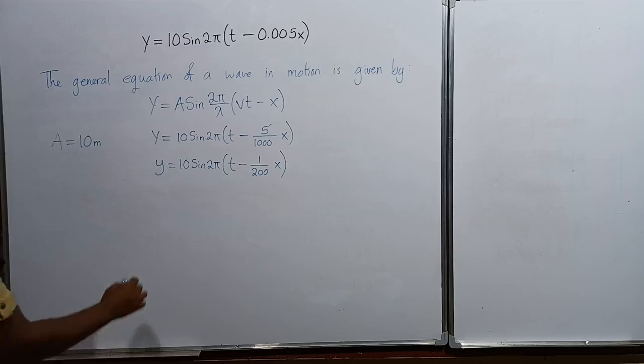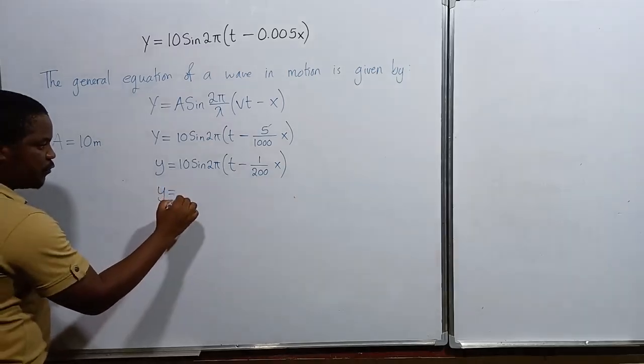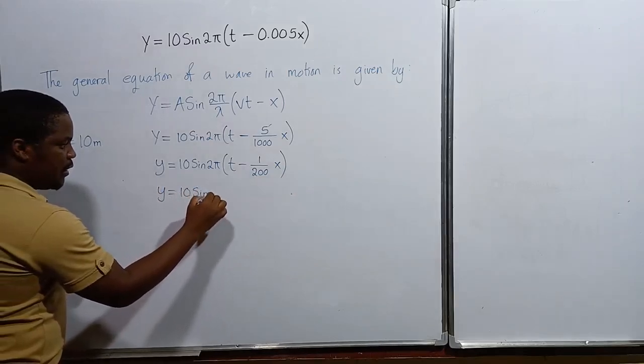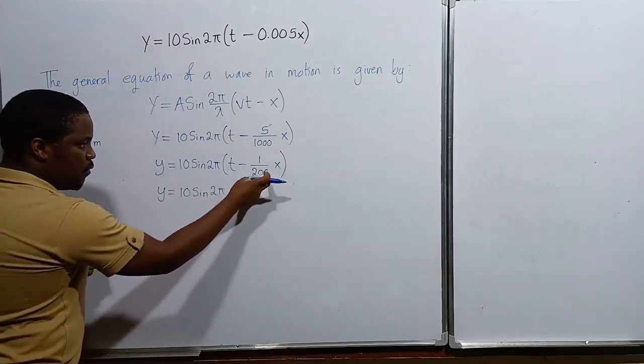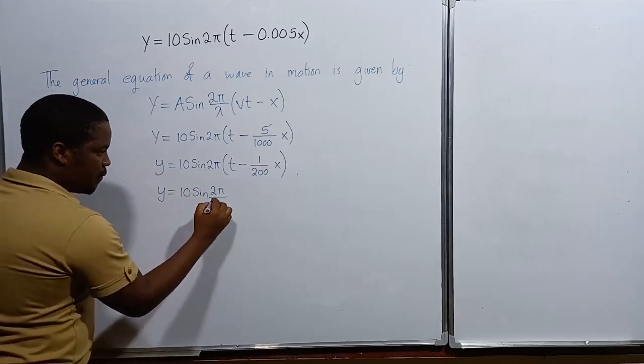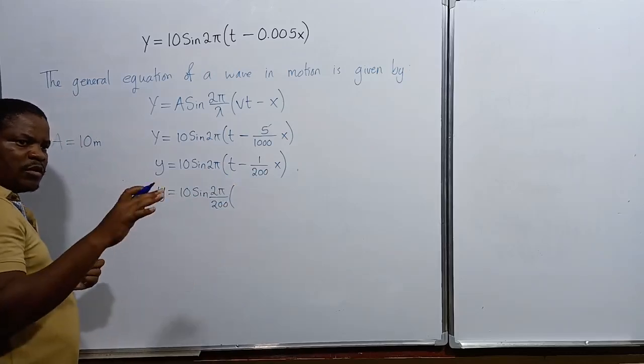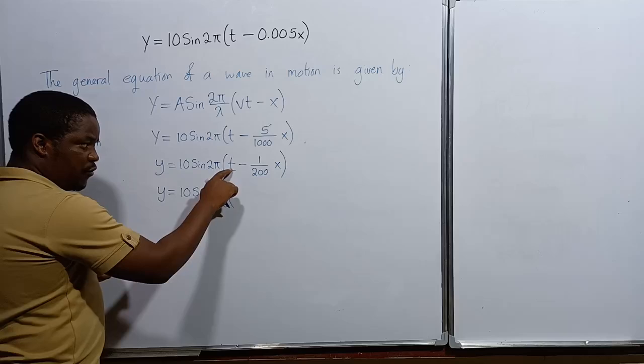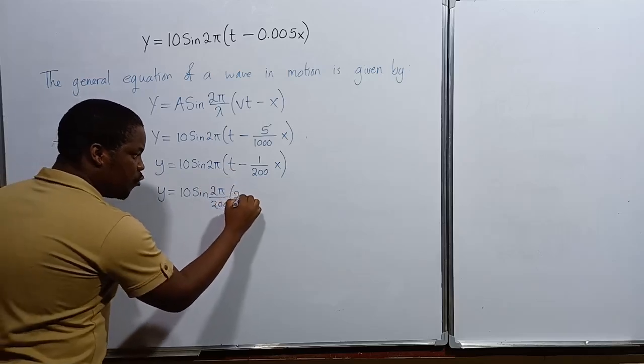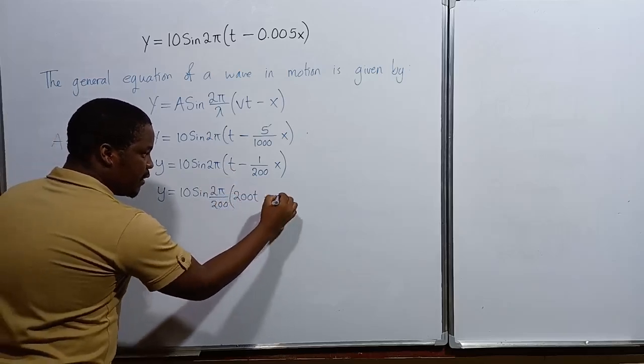We're going to say y equals 10 sine 2 pi. If we factor out the 200, it comes here. But remember, you cannot factor out what is not common. We don't have the 200 here, so we shall say 200t minus x.